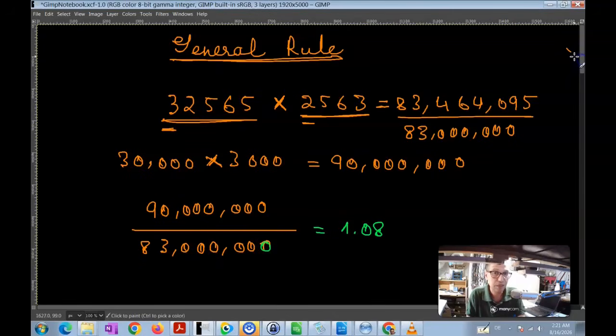Now let's take a look at these numbers. Let's see if we can increase the efficiency of this work by rounding the numbers in a different way. Meaning that, for example, over here I rounded this number to the thousands place value, and this number to the 10,000 place value.